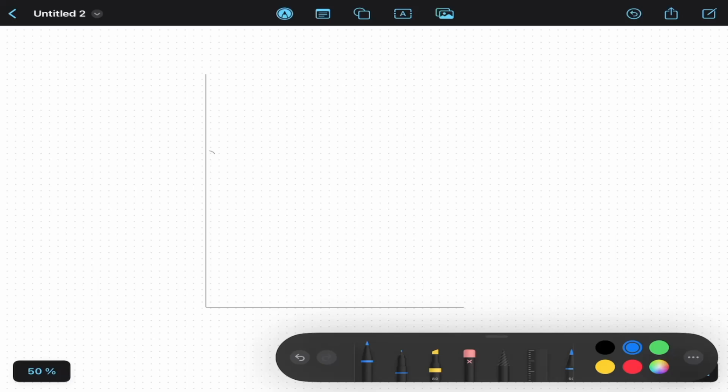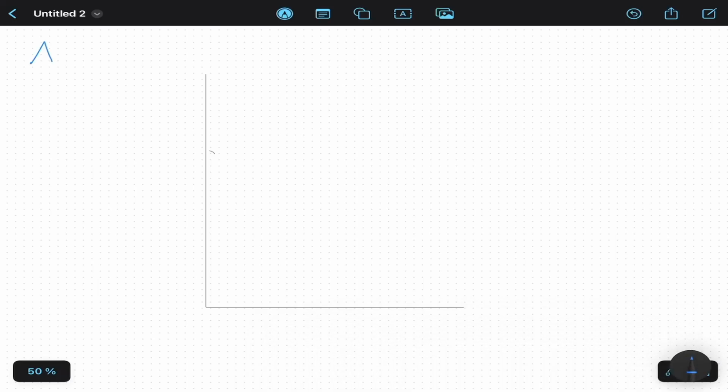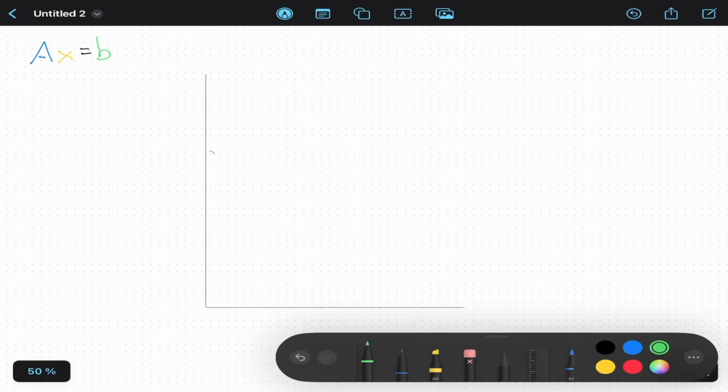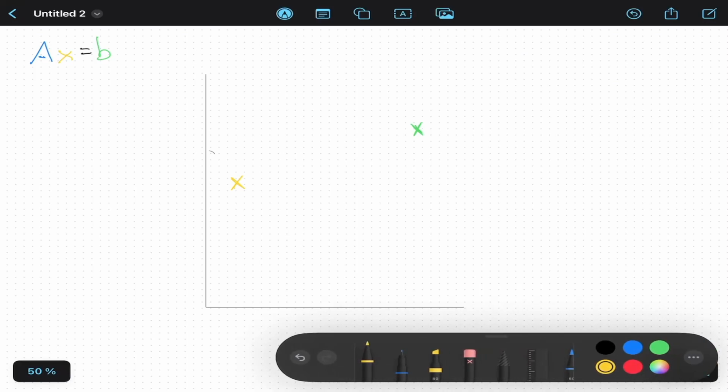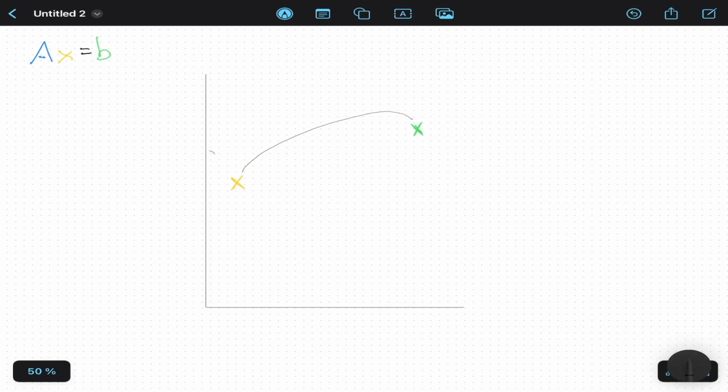Let's write the equation down. A times x equals b. So let's say this is our b. And this is our particular solution x. A is a transformation. So you can think of A as moving that point, that vector, into this other vector. What you do with matrix multiplication usually, like rotation or translations and stuff like that.